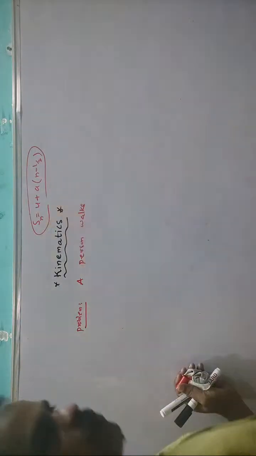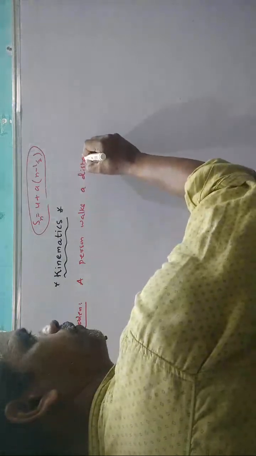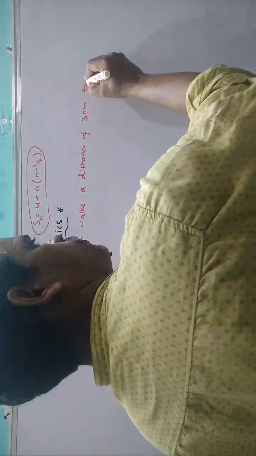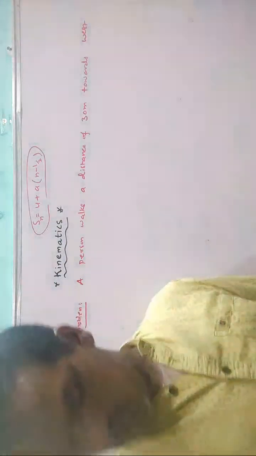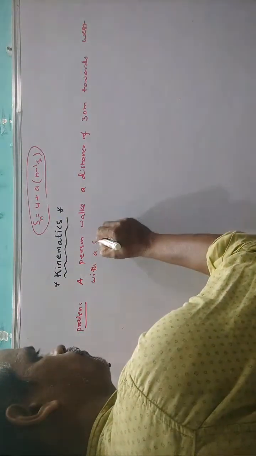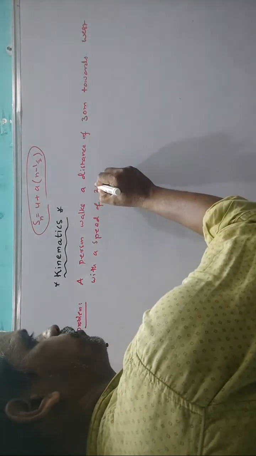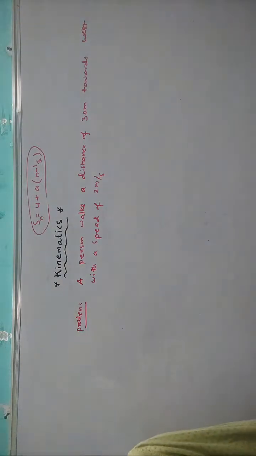A person walks a distance of 30 meter towards west with a speed of 2 meter per second. Just write the problem.